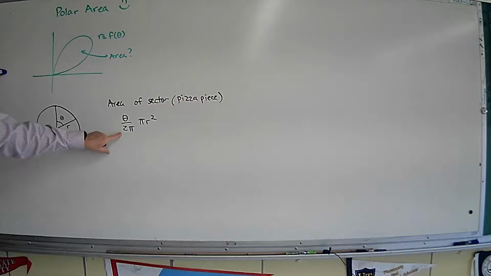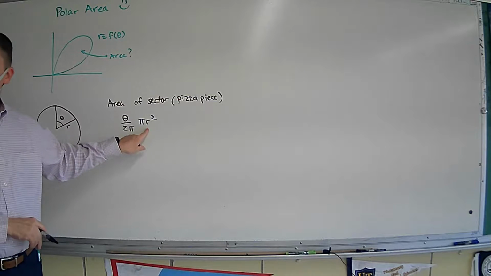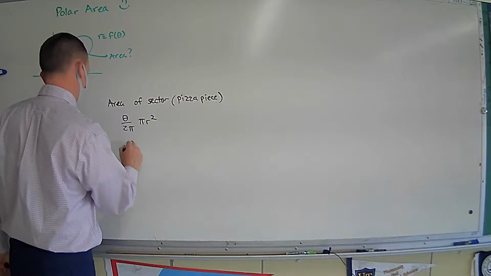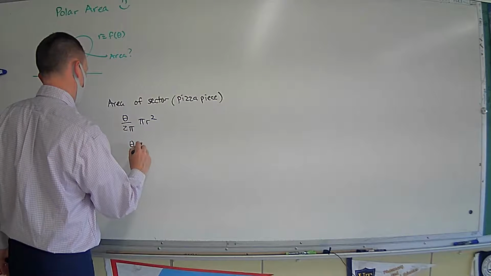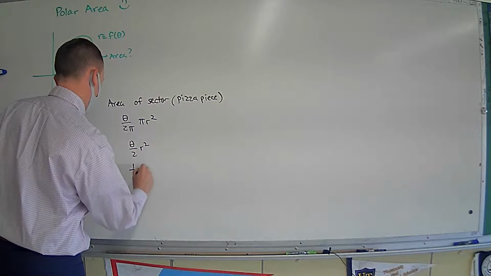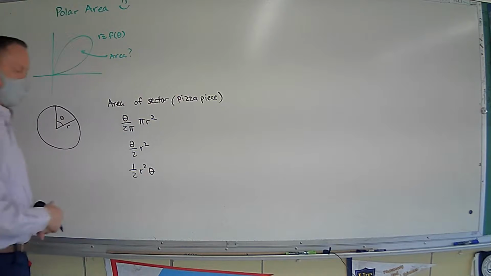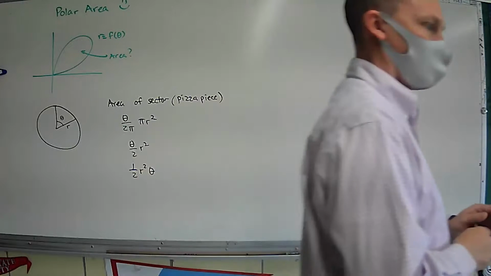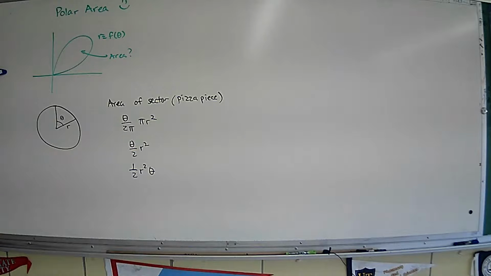This is the fraction of the circle, and then that's the area of the whole circle. And then I guess I could simplify this. The pi's cancel, and I have theta over 2 r squared, or 1/2 r squared times theta. So that's a little trip back to geometry for us.